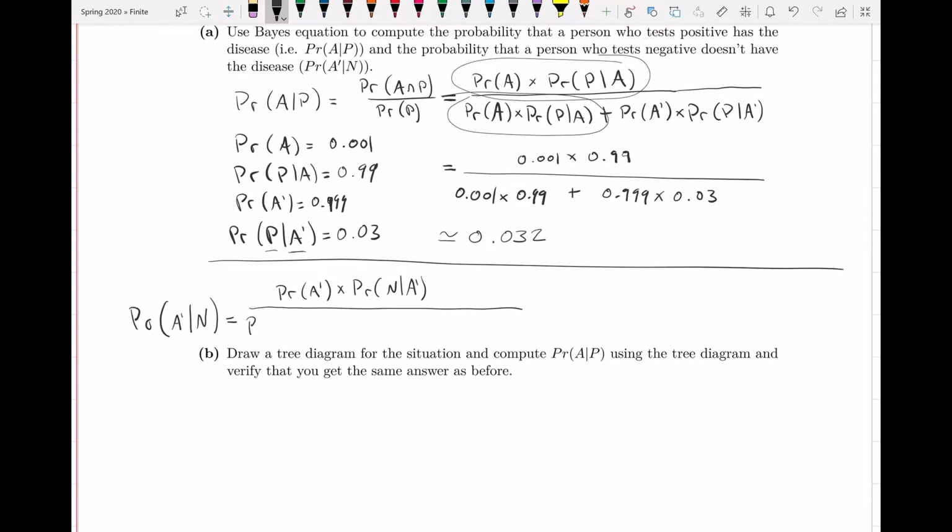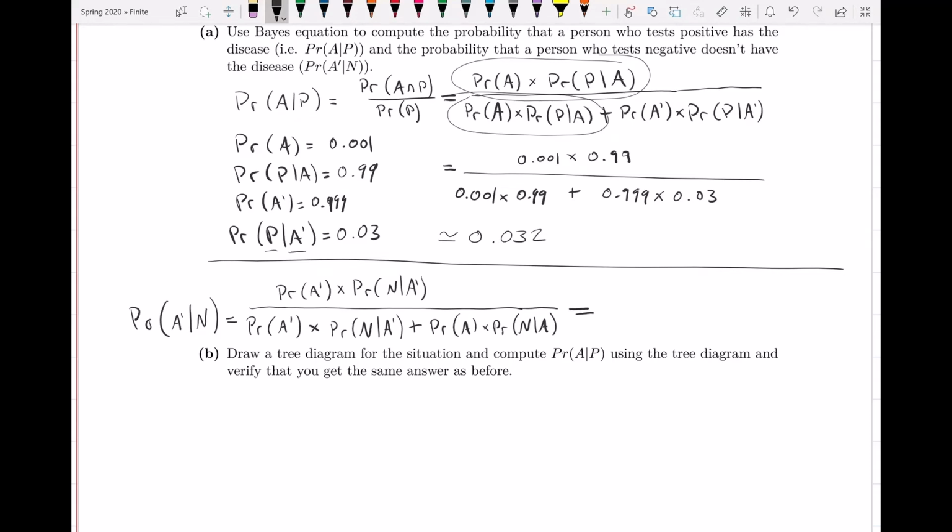So we have the probability of not having the disease times the probability of testing negative given that you don't have the disease, plus the other way you can test negative is if you do have the disease. So the probability of A times the probability of testing negative given that you have the disease. All right? We plug the numbers in.